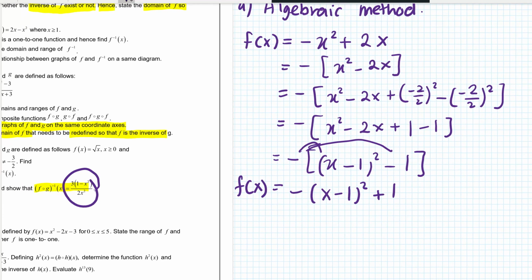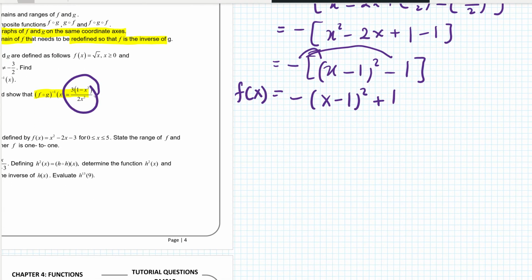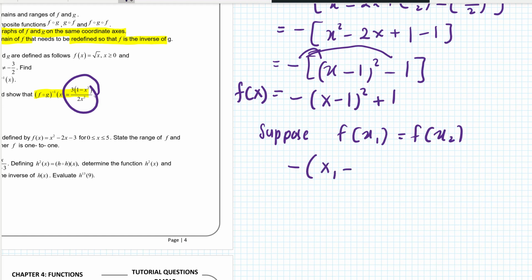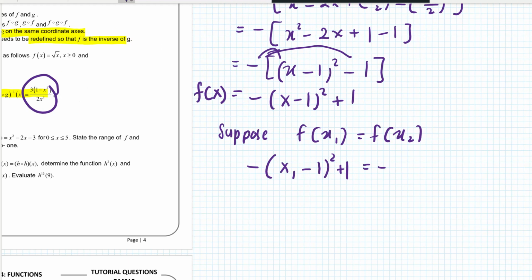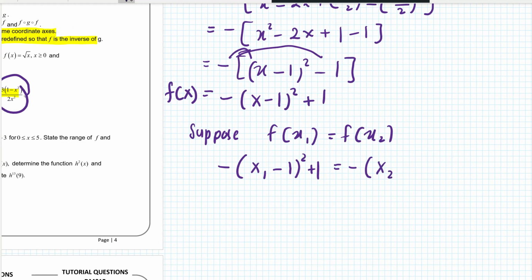Now we want to show that it is a one-to-one function. Suppose f(x1) is equal to f(x2). So we have negative (x1 minus 1) squared plus 1 is equal to negative (x2 minus 1) squared plus 1.